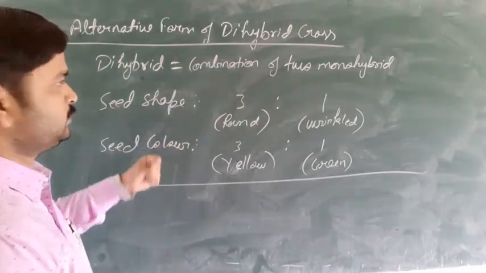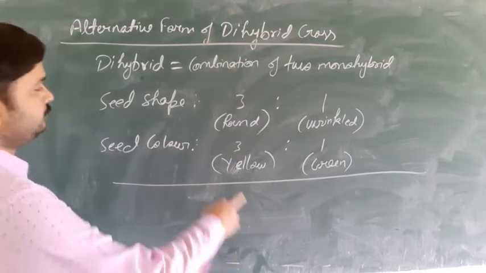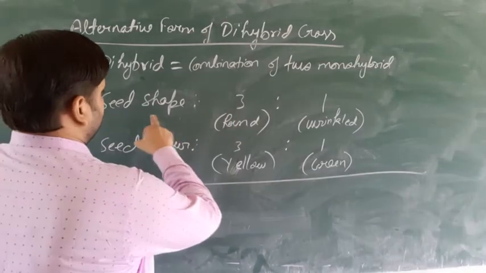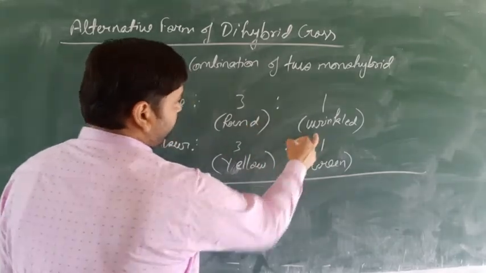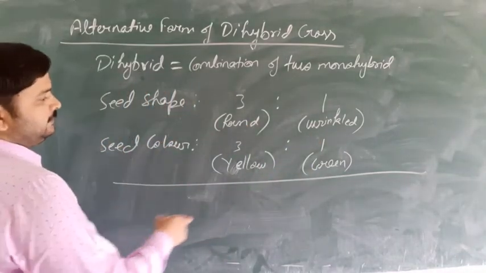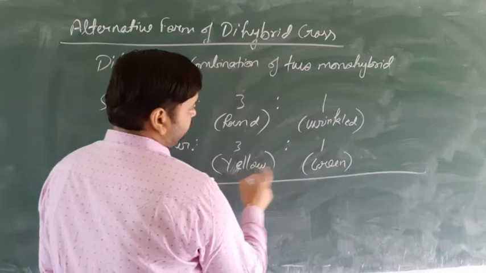Okay, so let's see. This is the seed shape, round with wrinkled, and this is the seed color, yellow with green.